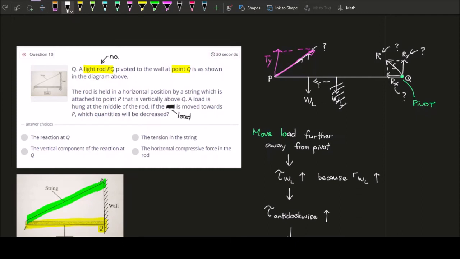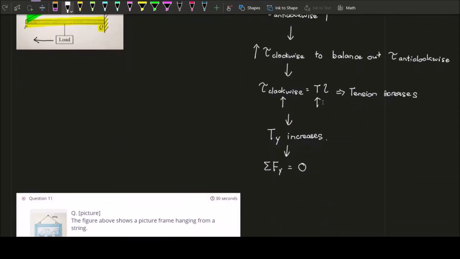We have only 3 things. Okay, Rx is perpendicular, so we don't care. So Ry upwards, Ty upwards, Wl downwards. So you have Ty plus Ry minus W of the load equals 0.